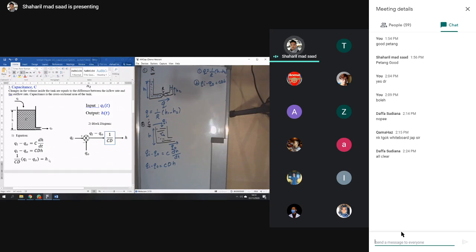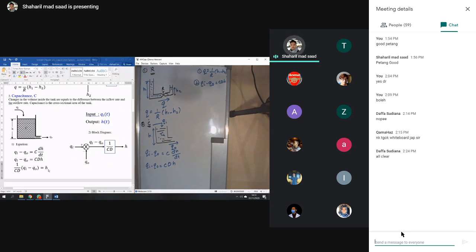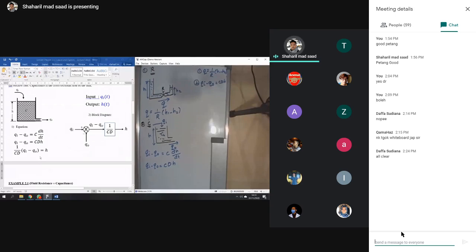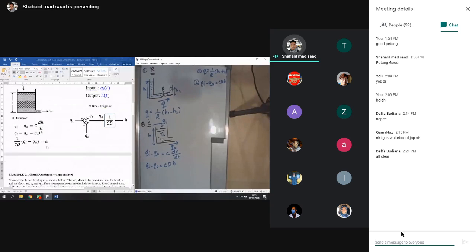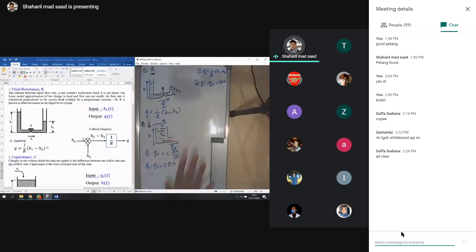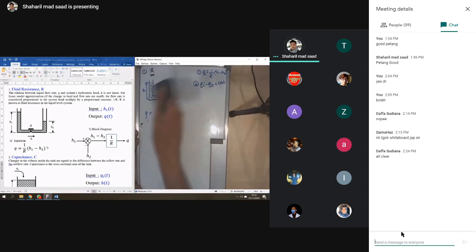Then of course, if you want to find the output H, you can rearrange the equation. So in the liquid level system, there are only 2 equations: one is the resistance, and one is the capacitance. That's it for the liquid level system.